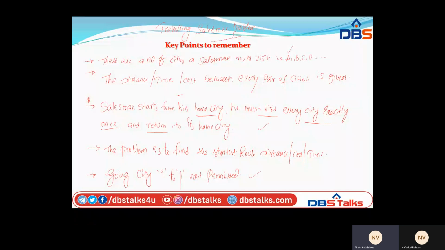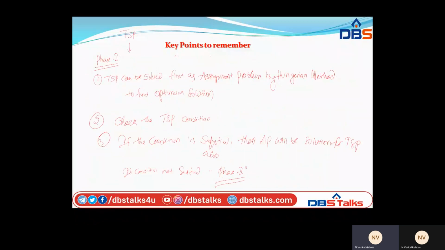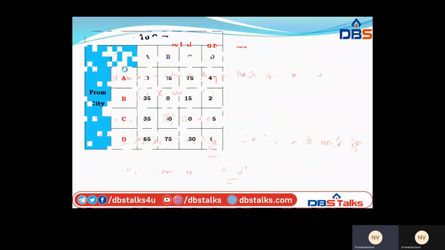These are the conditions for the traveling salesman problem. If they are satisfied, the solution we achieved during the assignment problem by the Hungarian method is the optimal solution for the given traveling salesman problem. If not satisfied, we go for phase two.